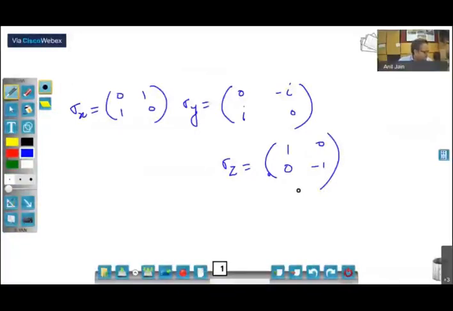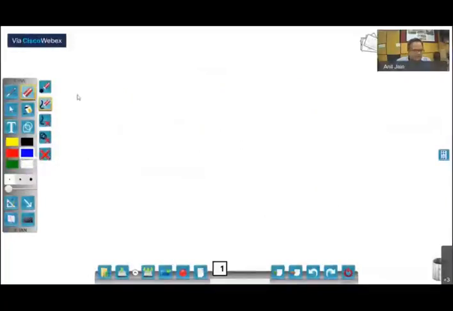Now let's assume that the z axis is the direction of neutron polarization. So let's assume now that the initial neutron polarization is along the z direction. It means we are applying this magnetic field along the z direction.